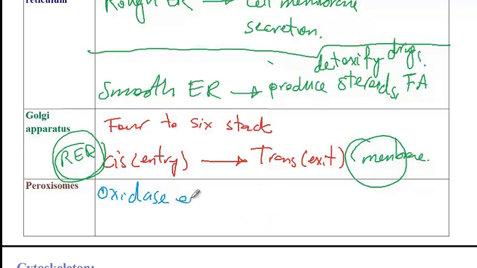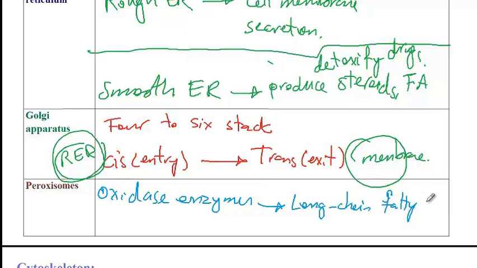Oxidase enzymes, which are used for breakdown of long chain fatty acids through the process that is called beta oxidation. So beta oxidation is the process through which long fatty acids are being broken down in the peroxisomes.